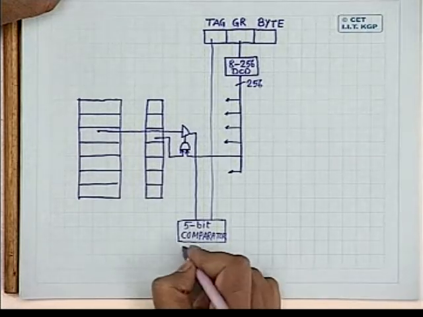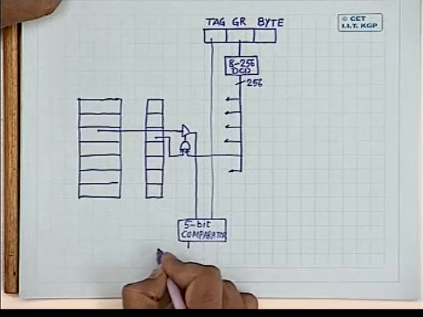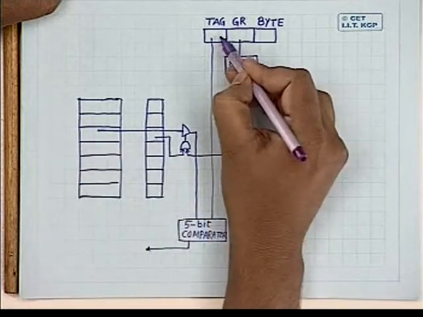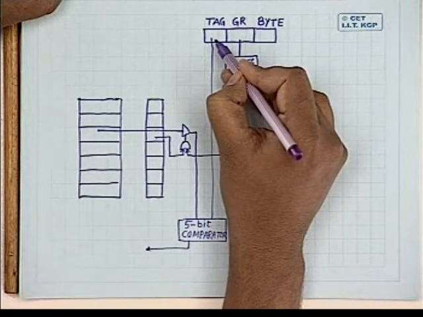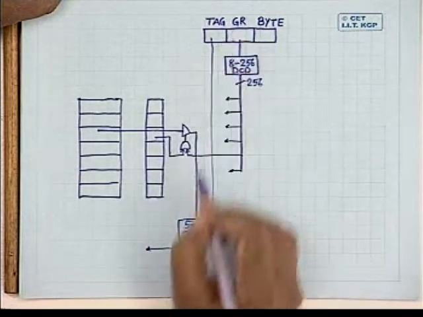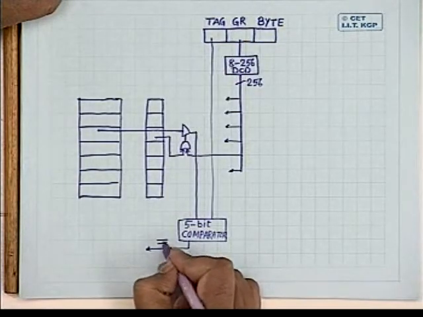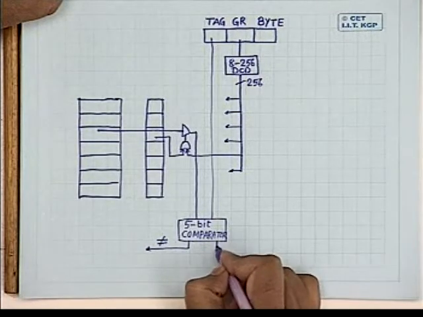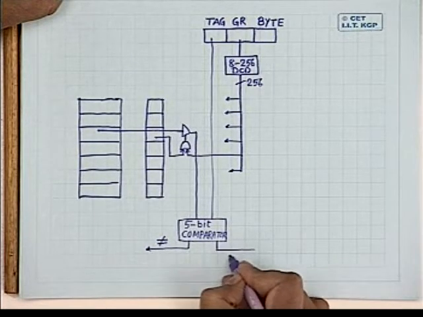Now the comparator output can give that either this tag content is not equal to this tag field content. So this is the case when they are not equal, and I can have another situation that they are equal.